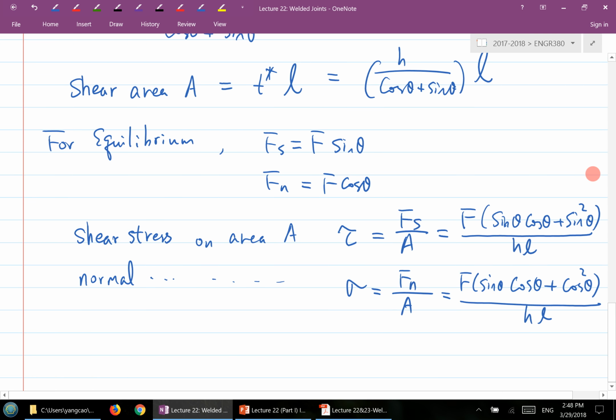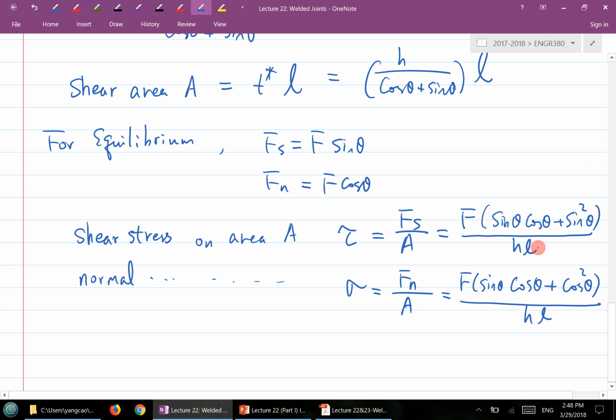So that's very analytical, you see? We mathematically made an arbitrary cut, found the equilibrium forces, found the cutting cross-section area, and then found the stress associated with the two forces.